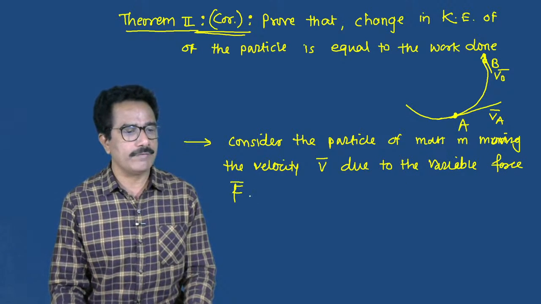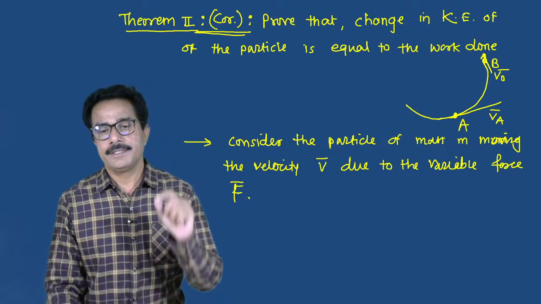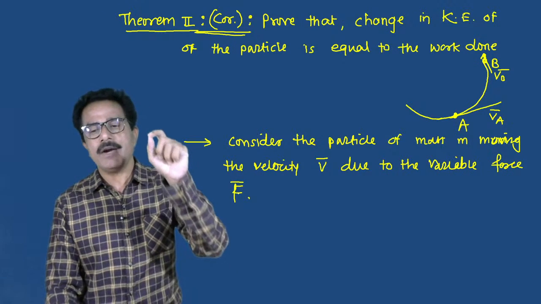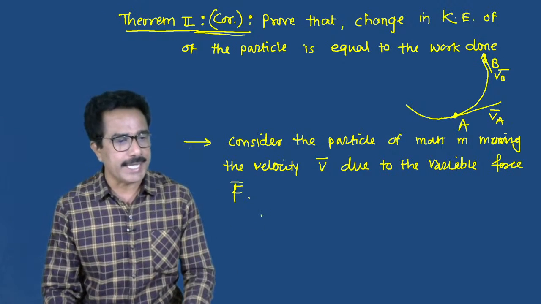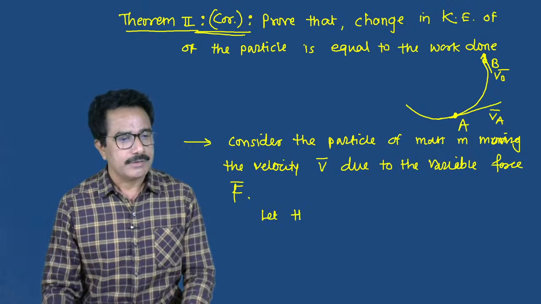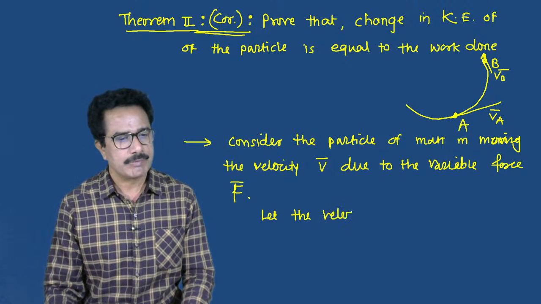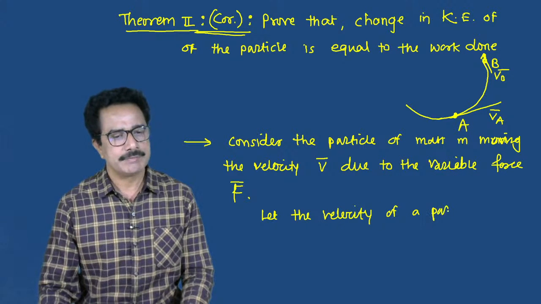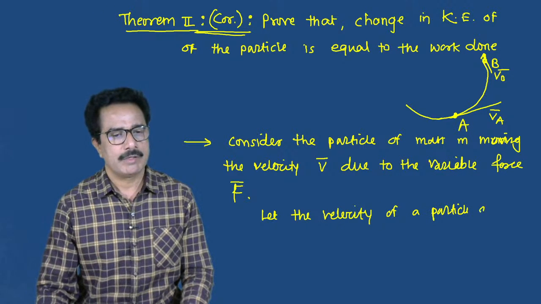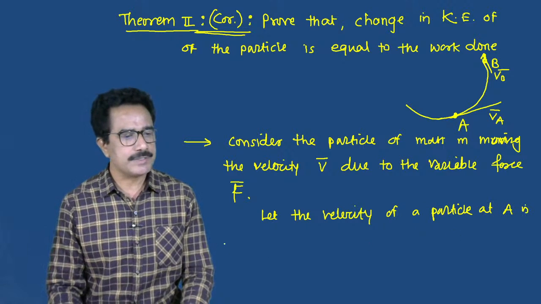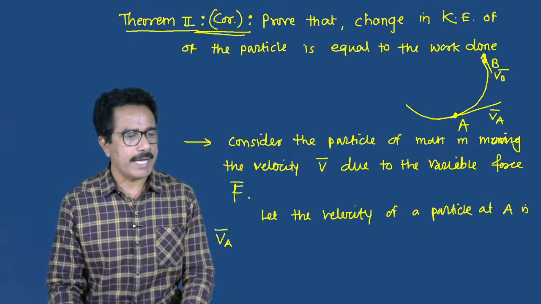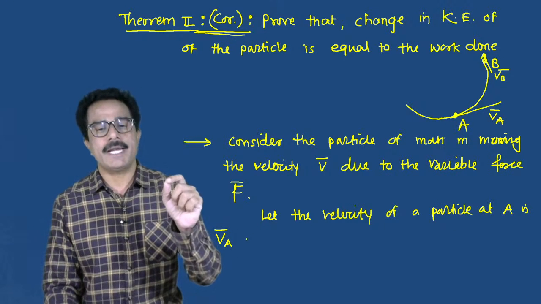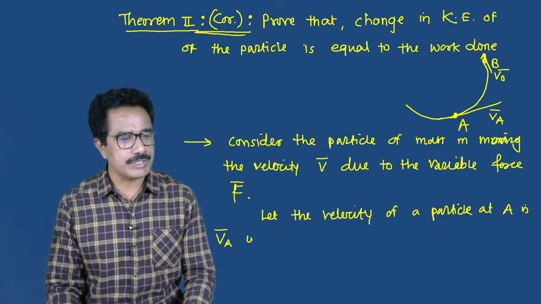See this, due to the force F bar. See this, let the velocity of the particle at A is VA bar and not 0, which is not 0.